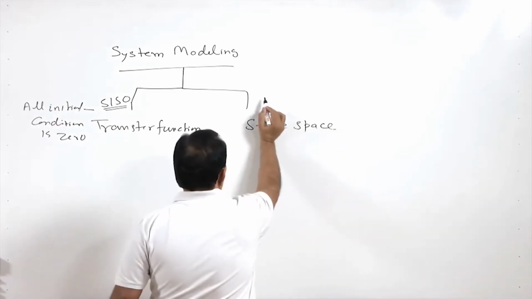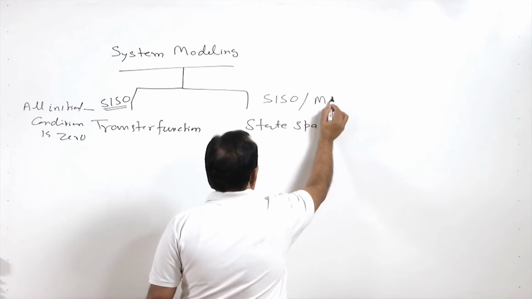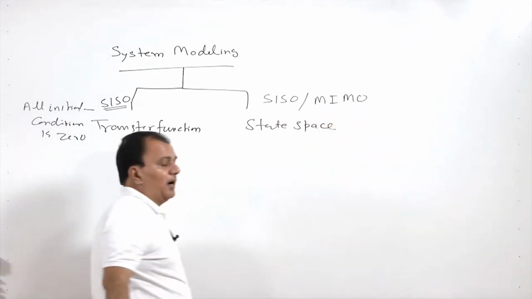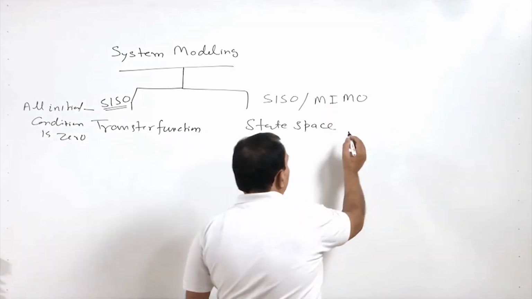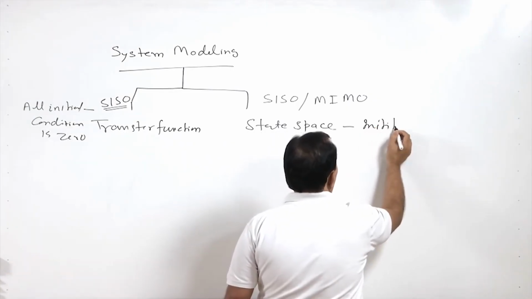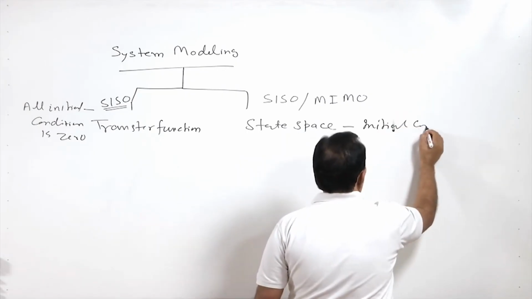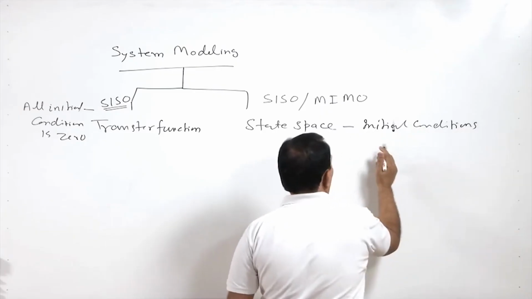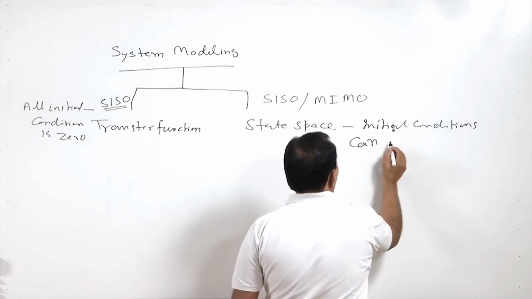State space may be single input single output or multiple input multiple output, and initial conditions can exist.